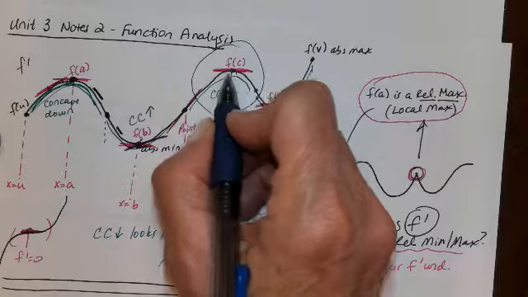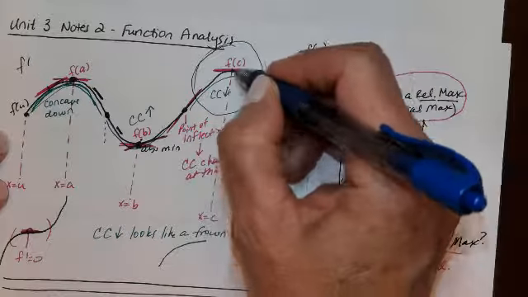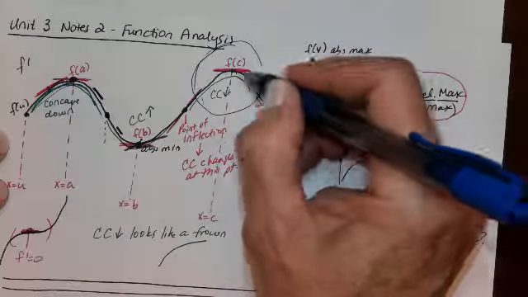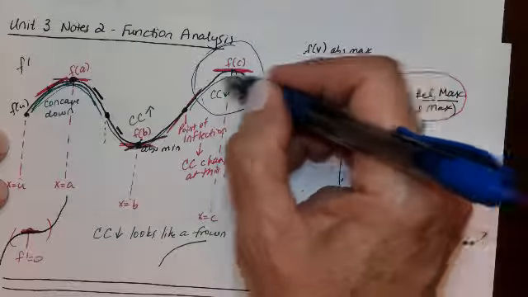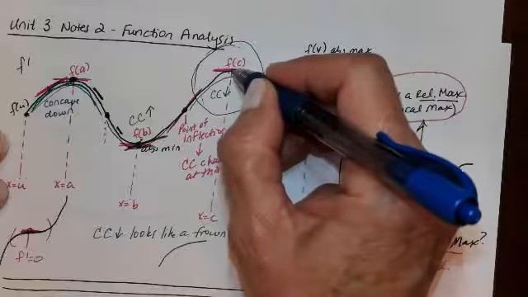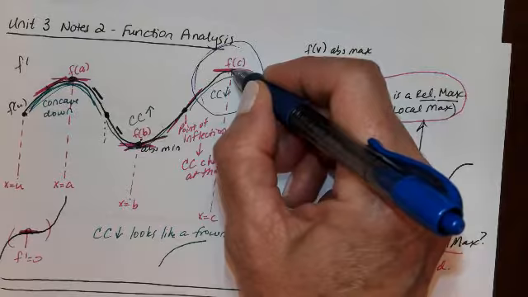And we said that our definition would be that the y value here is the largest in some interval surrounding it, right? In some interval surrounding this point, the y value is the highest. That makes it a relative max.